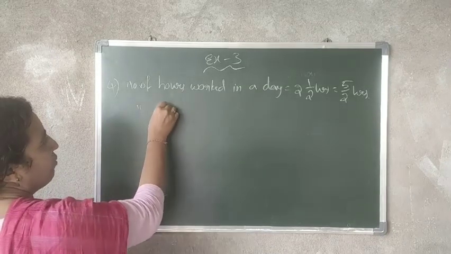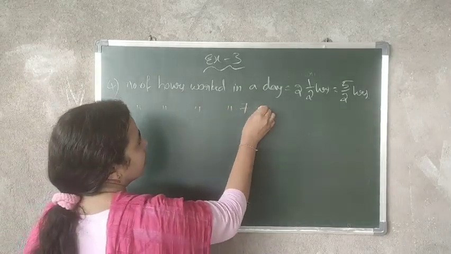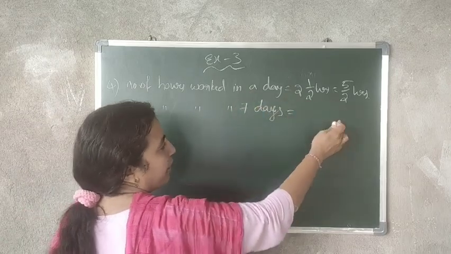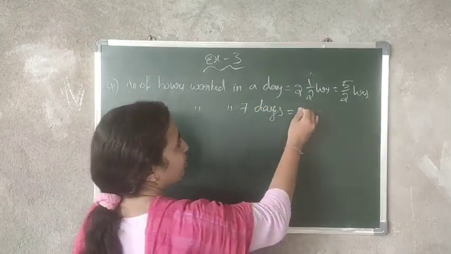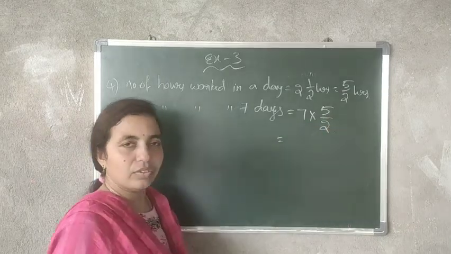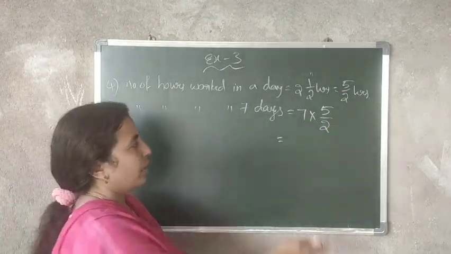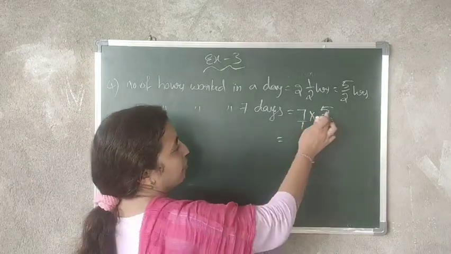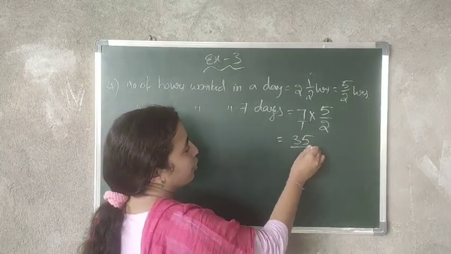Now, number of hours worked in 7 days. 1 day, 5 by 2. 7 days, nothing but 7 into 5 by 2, unitary method. So here, just multiply the numerators and then multiply the denominators. 7 5s are 35 by 2.